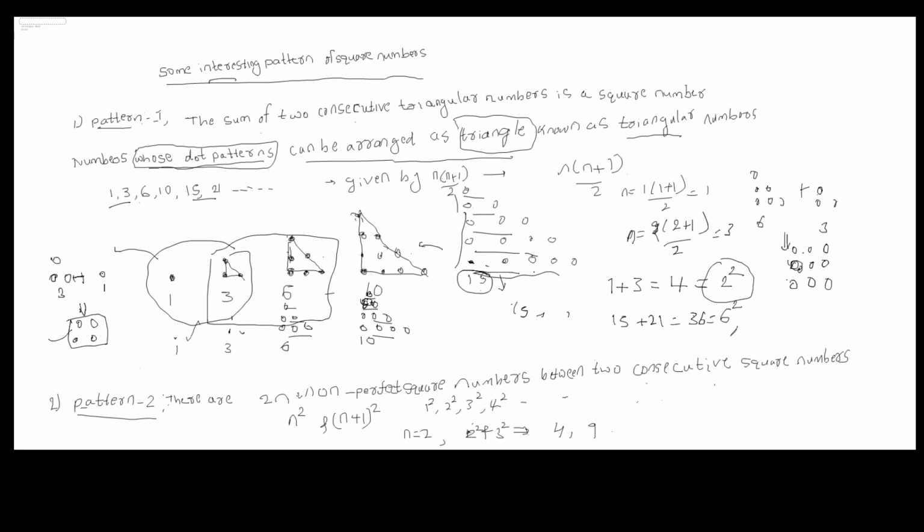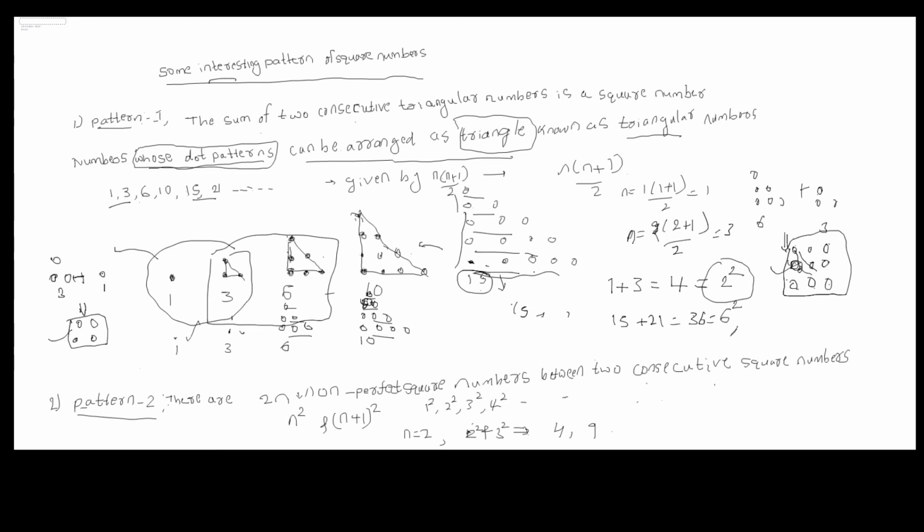How many dots are added here? 1, 2, 3, 4, 5, 6. These are previous dots. Previous dots added are 3 here. 1, 2, 3. It becomes a square again.